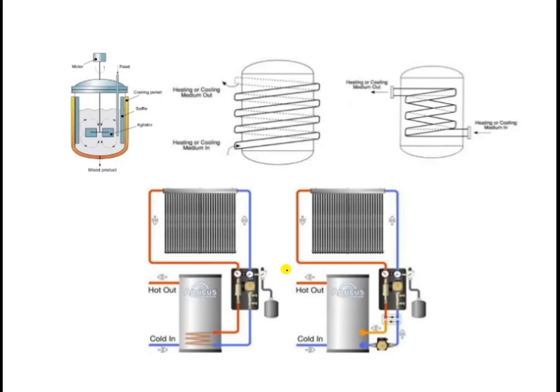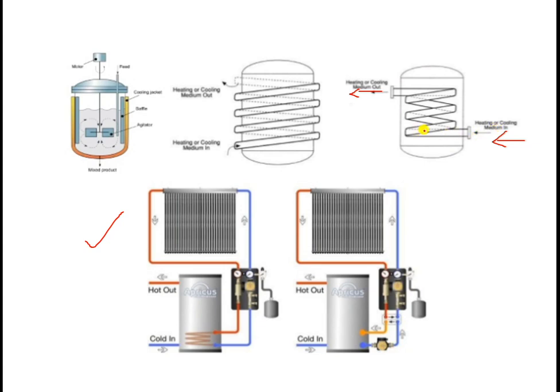These are some of the figures showing what we mean by heat exchangers. Through this particular tube, a hot fluid is present, or here a cool fluid, and inside this one there may be a gas or another fluid at high temperature.